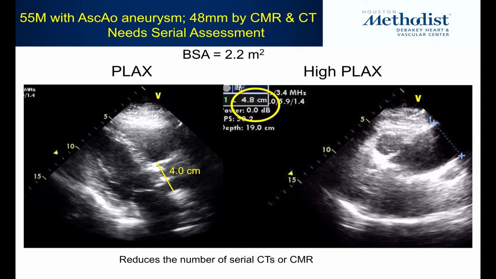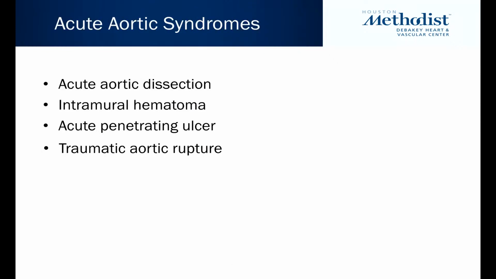Here we have somebody with a 4.8 centimeter ascending aorta, which did agree with previous numbers with CT, and therefore once in a while we could potentially use the echo as a frequent assessment and reduce the amount of radiation that we have to do with CT, although we still can do CMR too.